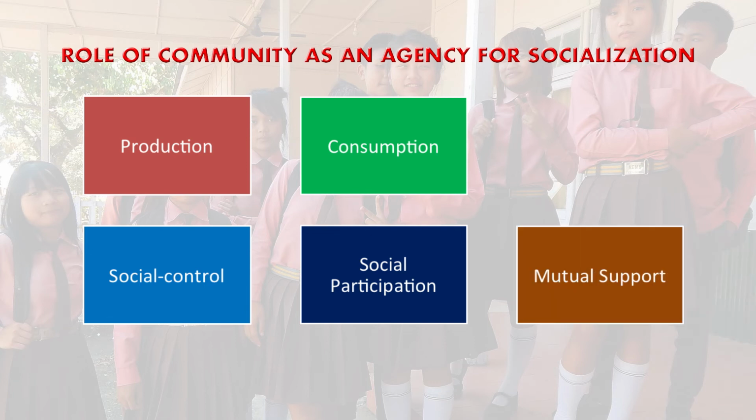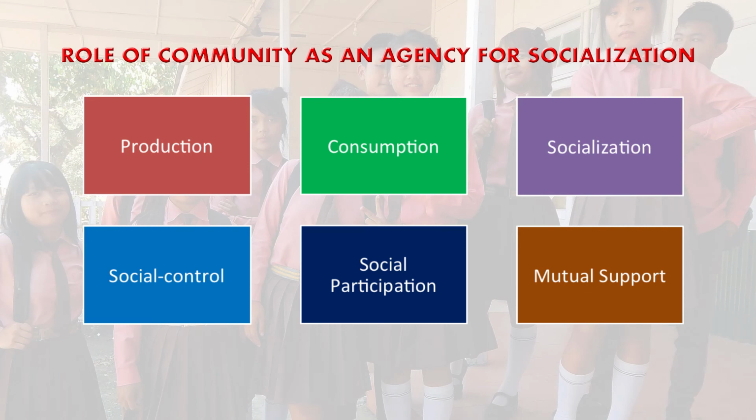Then social participation. In the society, you will find that the community members live together and observe different social festivals and different community activities together. It may be a certain fair, it may be a certain festival. So there is always continuous social participation in the community.